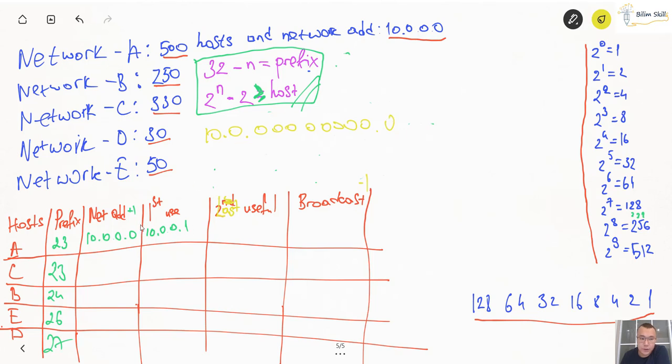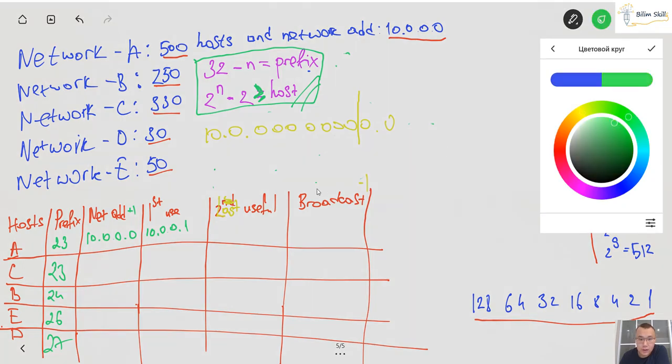The last one we will not open. It's this one. So prefix 23: 8, 16, 17, 18, 19, 20, 21, 22, 23. Here we have to put slash. To find the broadcast address, we are making all zeros after slash into 1.